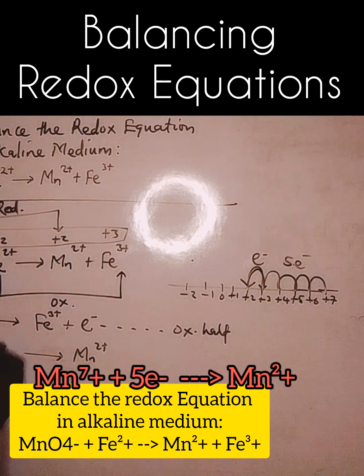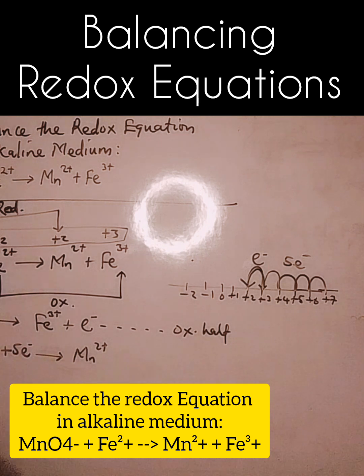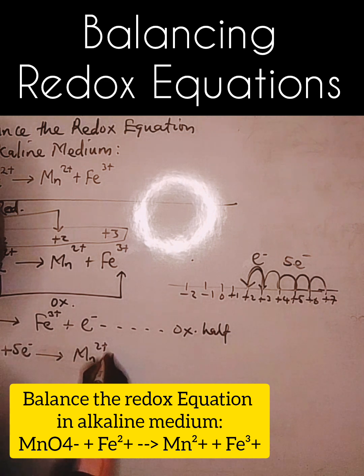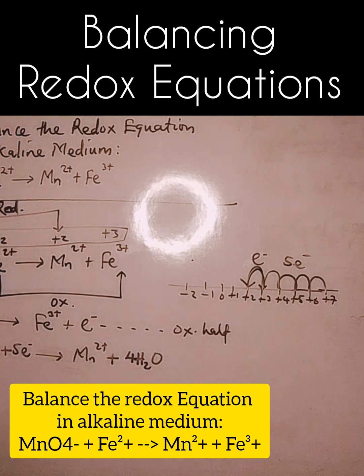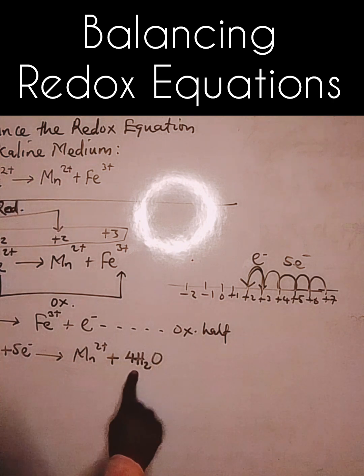So we are going to write 5 electrons here. The next is to balance oxygen. Oxygen is 4 here. So we write 4 molecules of water to the right. And the next is to balance hydrogen.